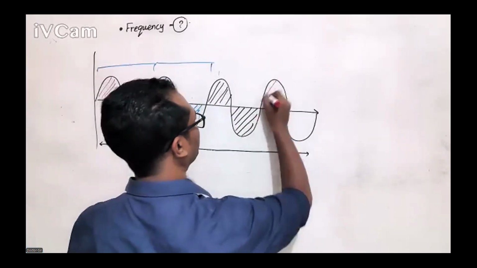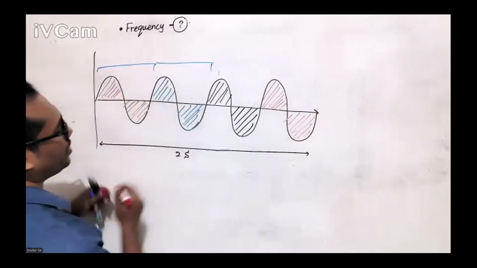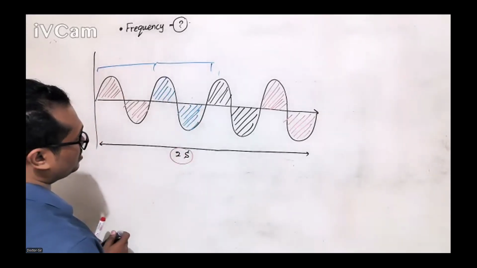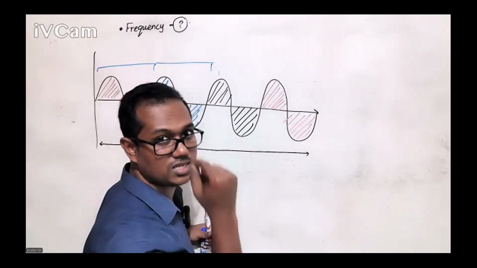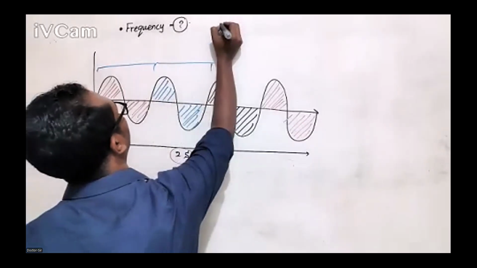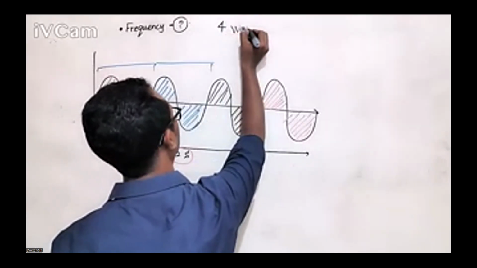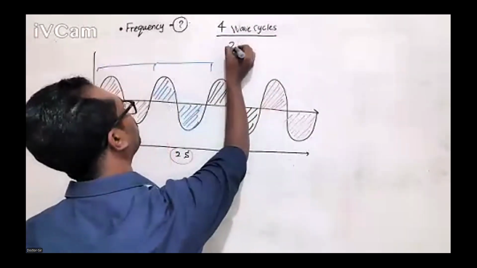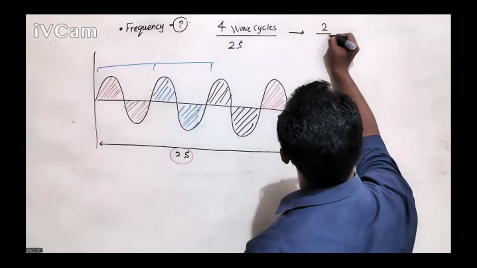So how many wave cycles are there? 4 wave cycles within 2 seconds. Now, hertz or frequency is how many wave cycles per 1 second. So 4 wave cycles within 2 seconds means 2 for 1 second.